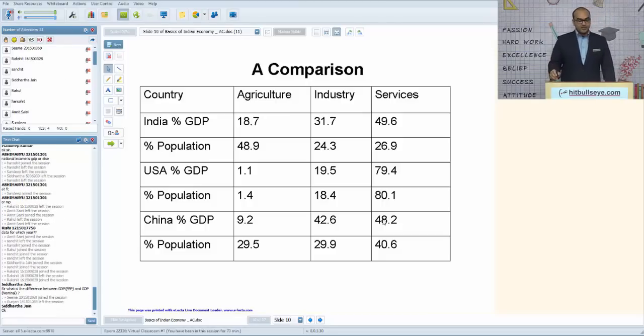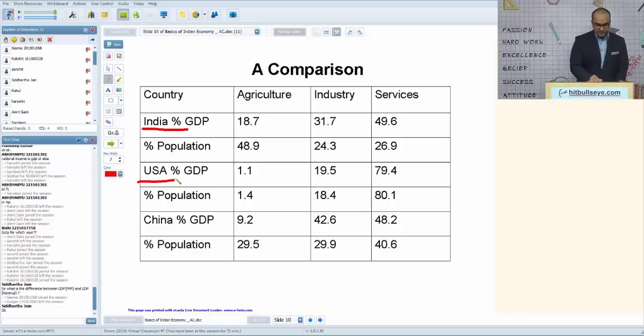So let us have a brief comparison of the economies of India, USA and China. The first row, of course, gives you percentage of GDP, contribution of agriculture, industry and services, and then percentage of population that is engaged in these three sectors of our economy.